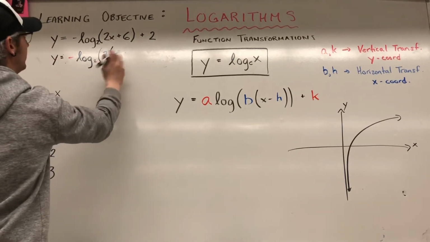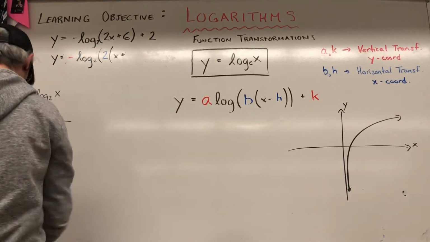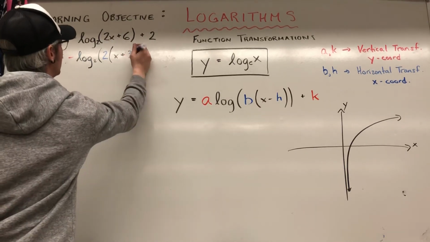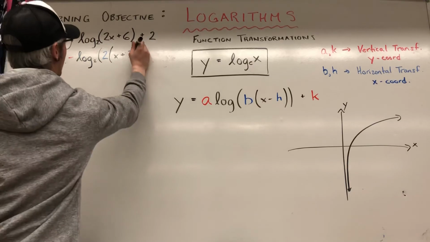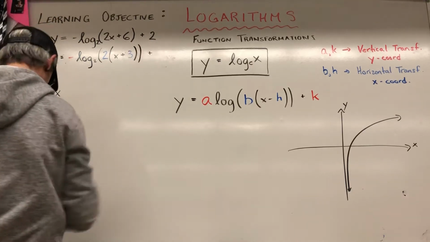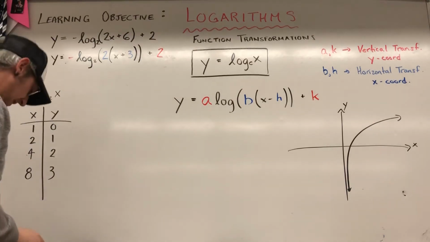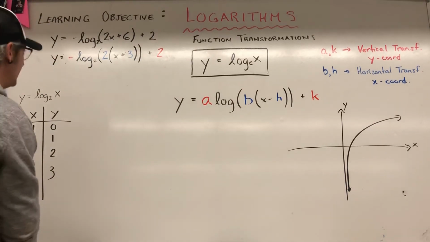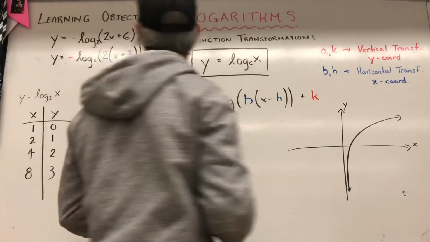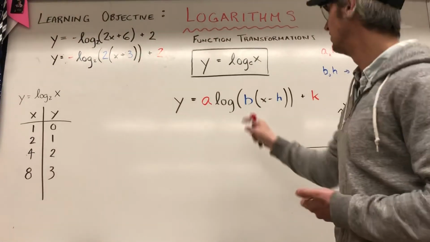If I factor out a 2, it's going to be +3. Okay, so now I'm color coordinated. Red is vertical, blue is horizontal. Okay, now that is precisely in this form.